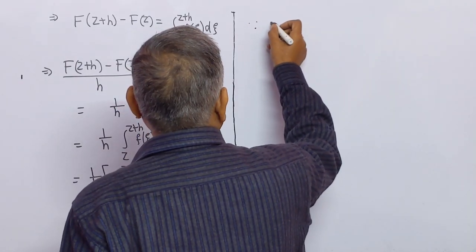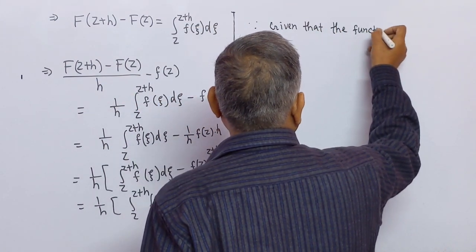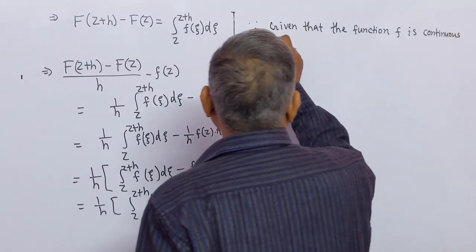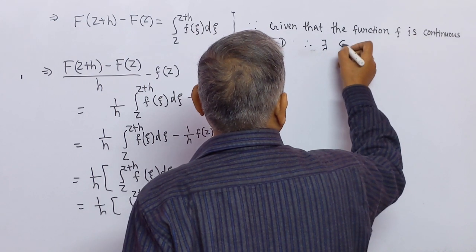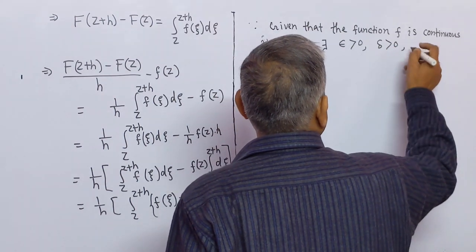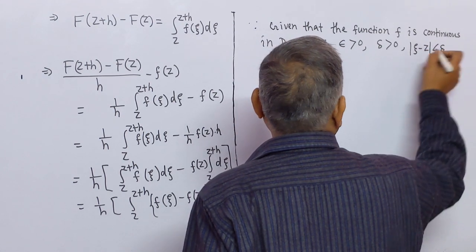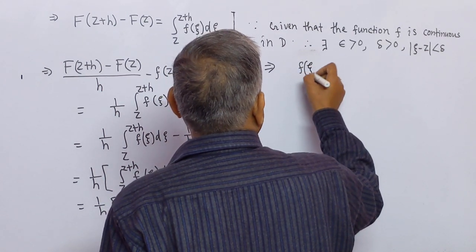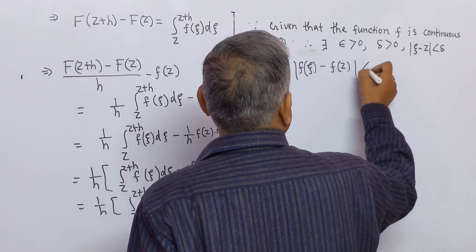Since it is given that the function f is continuous in D, there exist epsilon greater than 0 and delta greater than 0 such that modulus of xi minus z less than delta implies modulus of f(xi) minus f(z) less than epsilon.